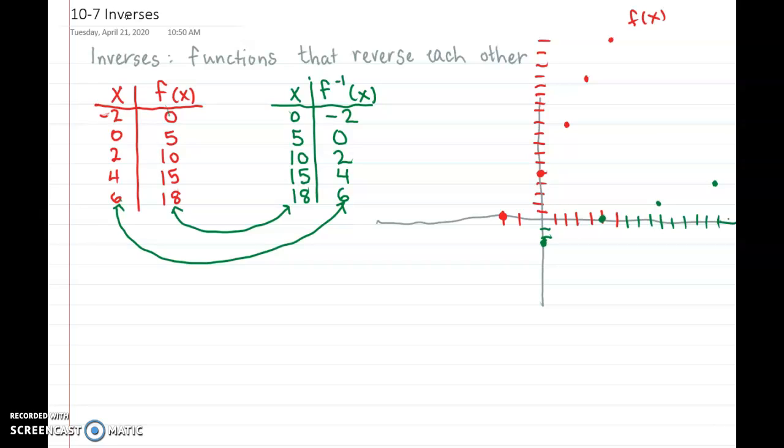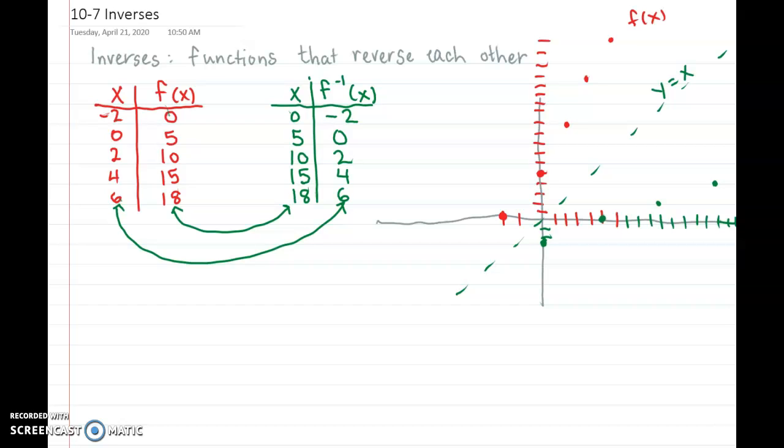And 18, 6. And what I notice about these graphs, and this will always be true for inverses, is that they're a reflection of each other. If I look at this red graph in the mirror, I see the green graph. That's always true for inverses, that they're a reflection across this diagonal line, y equals x.